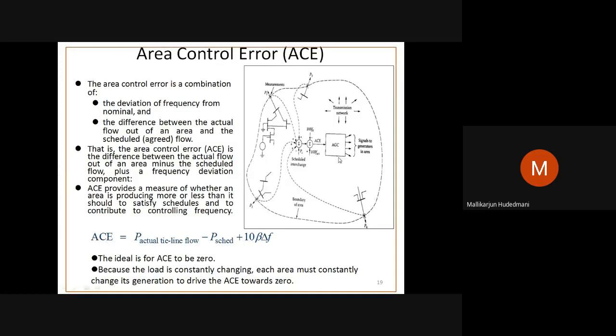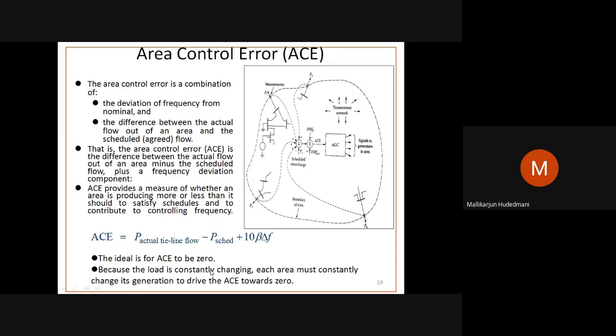ACE is the actual power flowing out of the control area, like P1, P2, P3 shown here, minus what is scheduled to flow, that is the scheduled power mismatch, plus 10, a gain of 10, and frequency bias beta into delta F. This is the combination of the ACE. We saw this long back, but now you are able to understand the meaning of ACE.